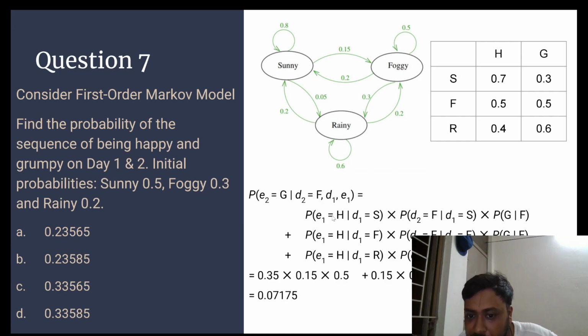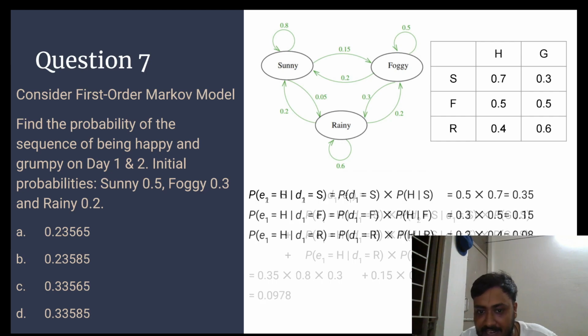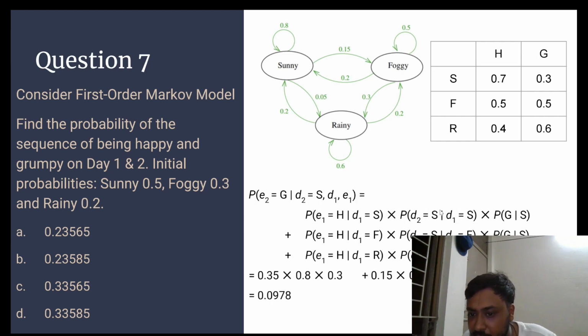The emotion on the first day, that part does not change in the three equations, and emotion of current day given state of current day, that also does not change. Only this part changes. And why this part is changing? Because we are considering different values for D2, and each value has to be based on every possible value of D1. So as part of these three slides, we are actually looking at all possible values of D1 and D2.